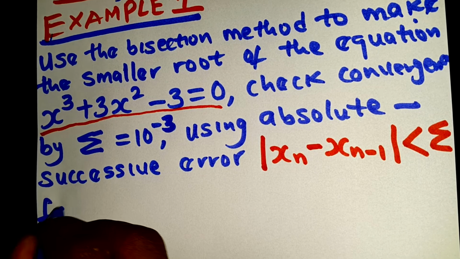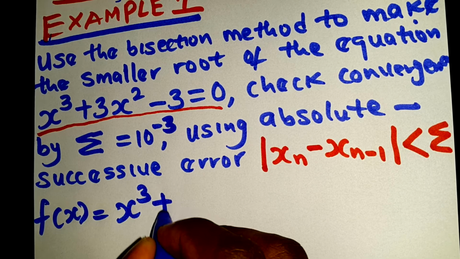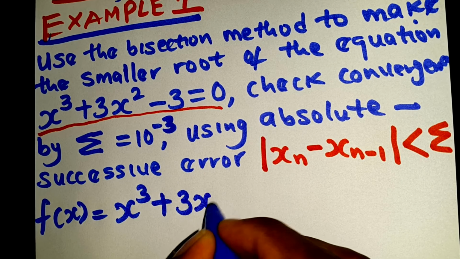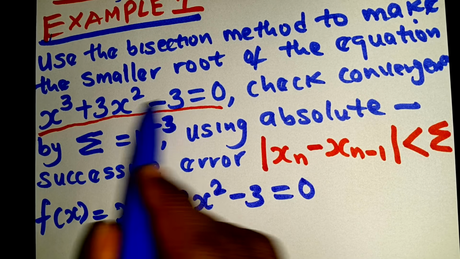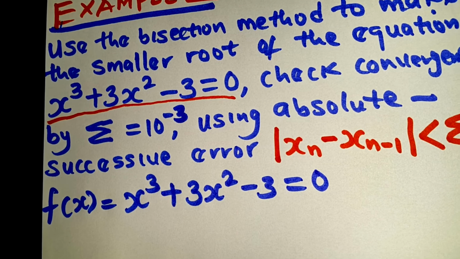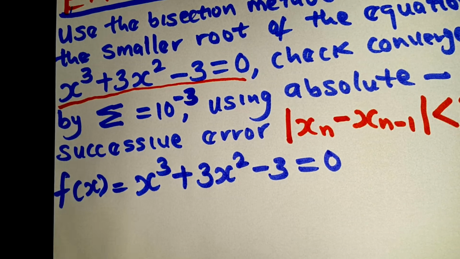So our function in this question is x cubed plus 3x squared minus 3 equal to 0, that's our function. Then the next step is to take the derivative of our function.